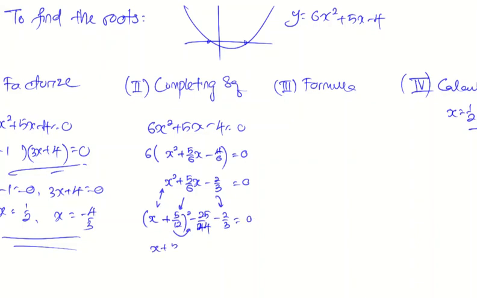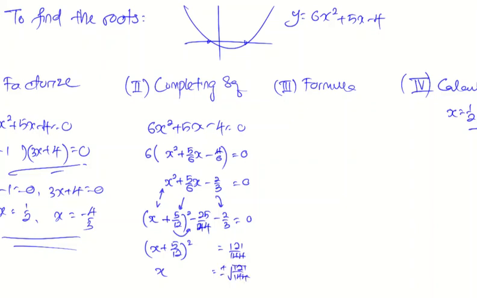(x plus 5/12) squared equals, bring over the other side, 2/3 plus 25/144. So you get 121 over 144. Square, you bring over, you get square root of 121 over 144.